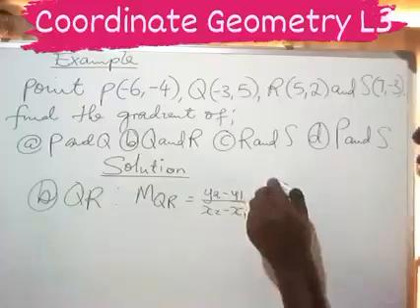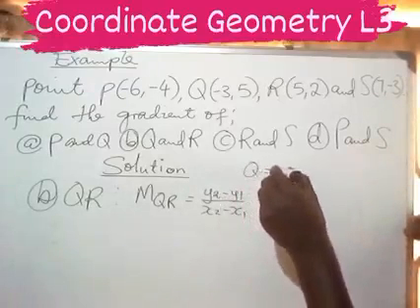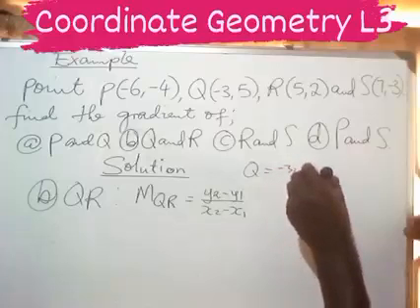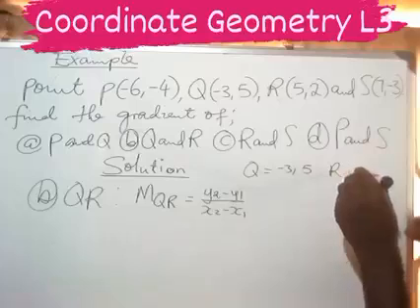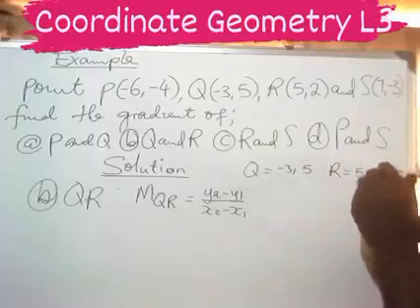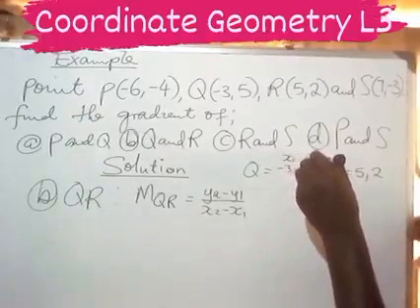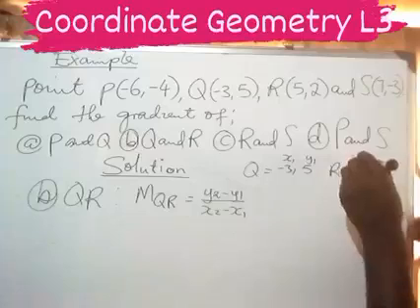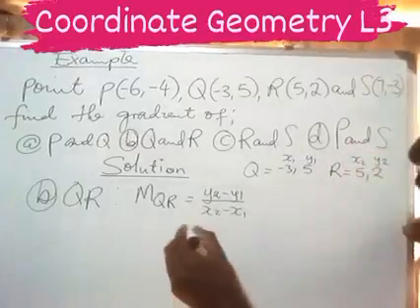What are the coordinates of Q? Q is (-3, 5), and the coordinates of R are (5, 2). This one we call x1, y1, and this one x2, y2.